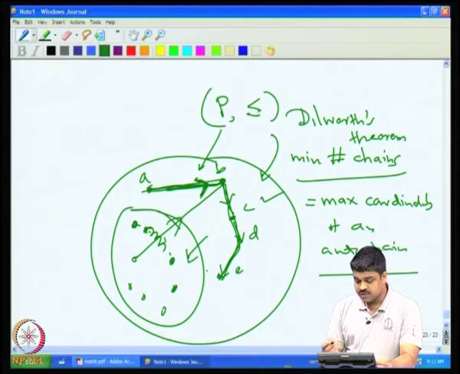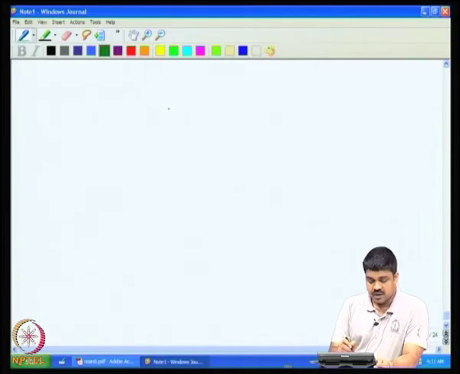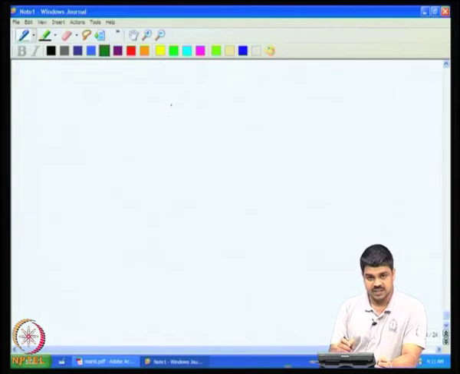So what we see is that no two vertices in an anti-chain can be in the same chain. So we definitely need at least as many chains as the number of elements in the anti-chain.